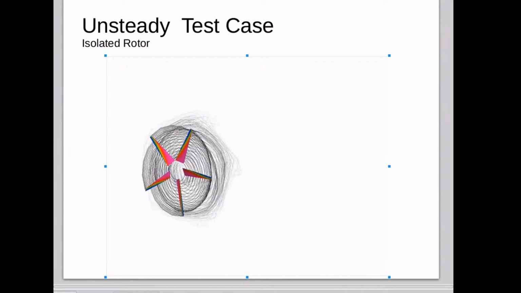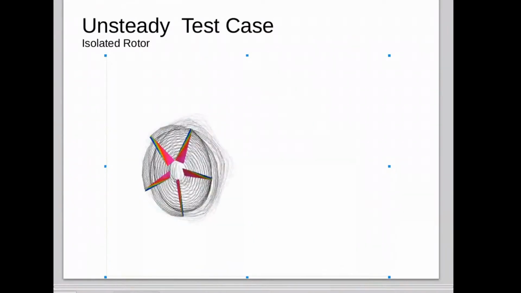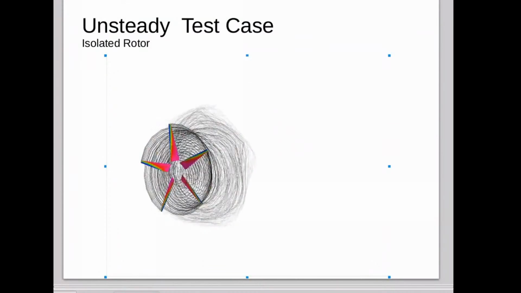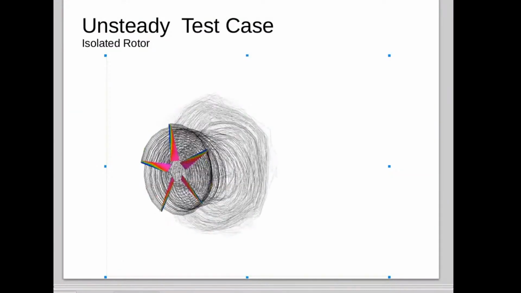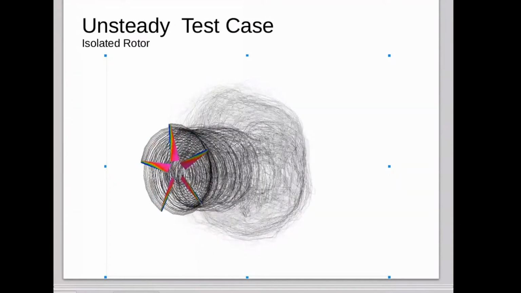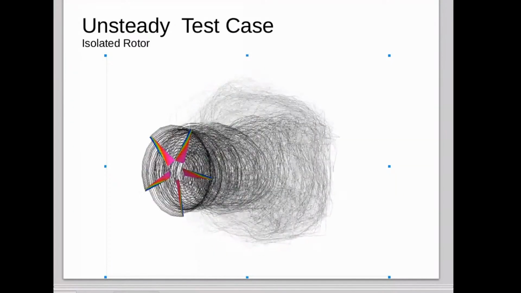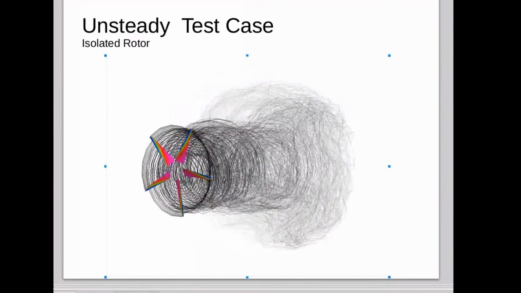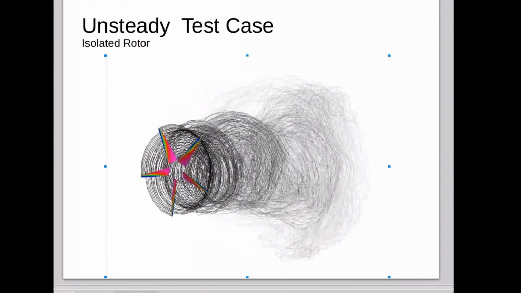So this is, let's see if this plays. So this is just starting from an impulse start, the rotor sitting still, then boom, it's going, inflow turns on, and so you get a very startup-ish looking wake there that gets blown downstream.